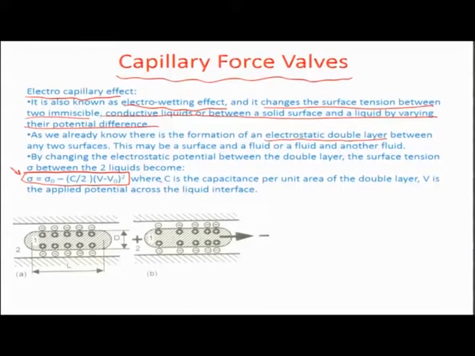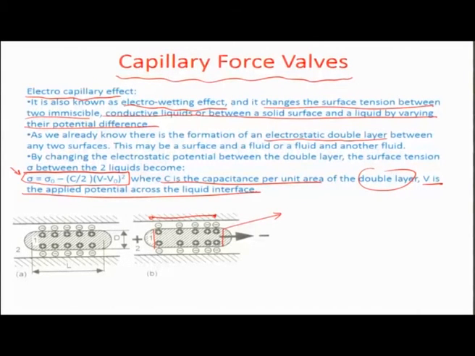C is the capacitance per unit area of this particular cylindrical bubble, and particularly the capacitance of the double layer of charges. We can assume these ends to be lengthwise minuscule in comparison to the overall length of the bubble. V is the applied potential across the liquid interface.